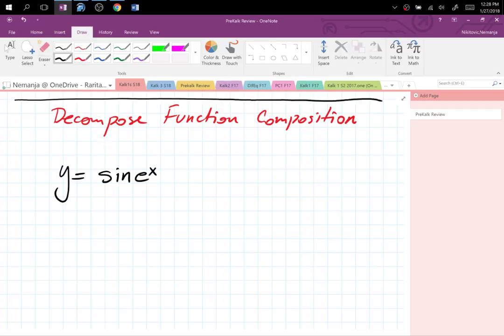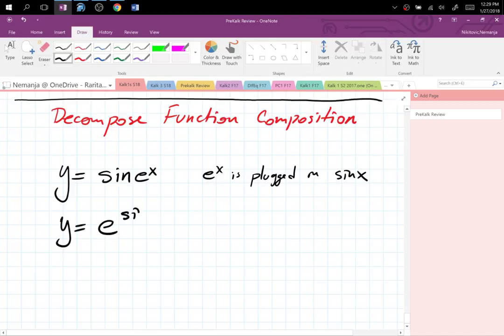Now, what is important for you to immediately start noticing is that e to the x is plugged into sine x, as opposed to e to the sine x, where sine x is plugged into e to the x. So this is crucial to understand.